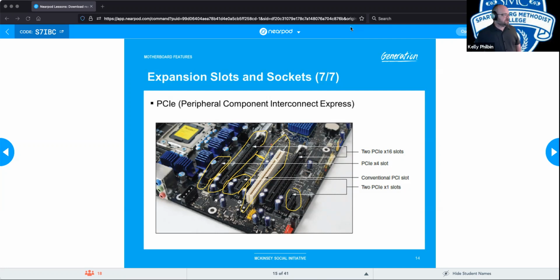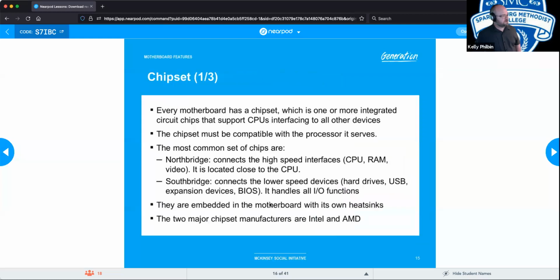Questions so far? I got one. Go to the cards here. Romario, what are the different sizes of PCIe?